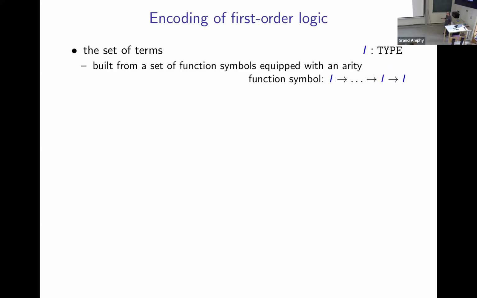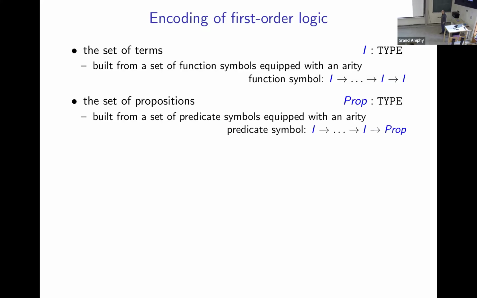And so for each function symbol of arity n, we are going to map it to a function symbol in the logical framework with a type like this. So if it's of arity n, then I will have n arrows and then I. So like this, we can encode all terms into a term of type I.